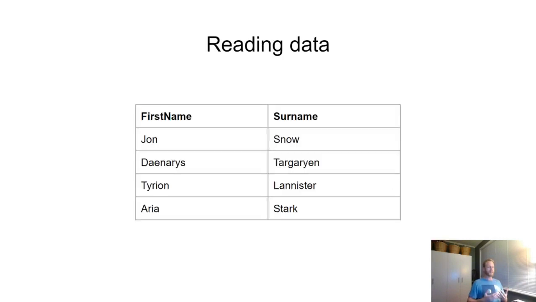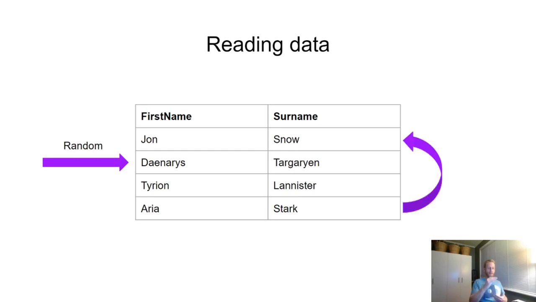So when we're reading test data during our test, there are different ways that we can do that. We can read it from top to bottom sequentially, which is a very common way to go about things. We can read it from bottom to top, which is another example. We could randomly select a record from our data pool, a set of test data. And we also get to decide, when we get to the end of our data, whether we want to go back up to the top and read the data again or not, if we're reading it sequentially.